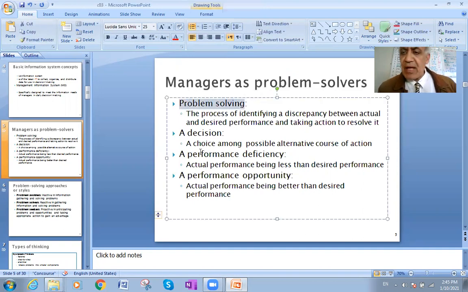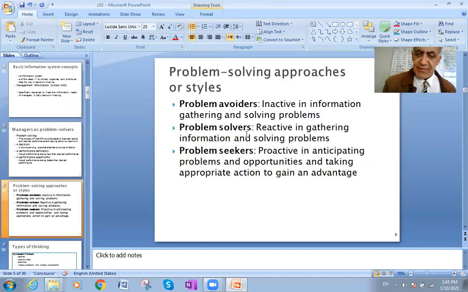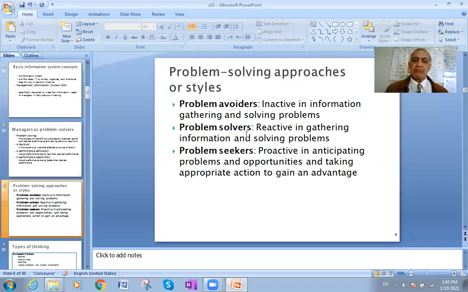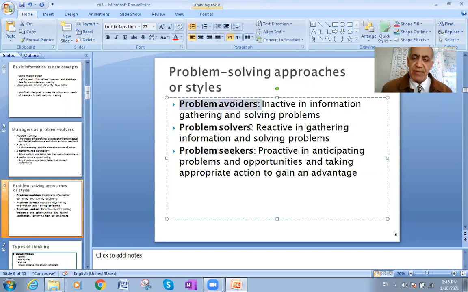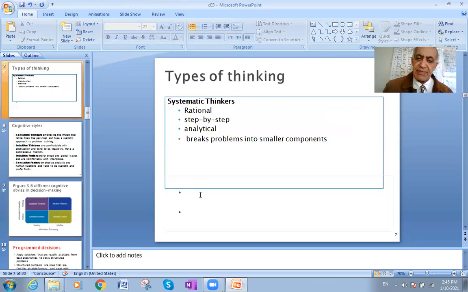We have an aspect called problem solving: the process of identifying the discrepancy between actual and desired performance and taking action to resolve a problem. Regarding problem solving approach or style, there are problem avoiders, problem solvers, and problem seekers; those are the types of people in relation to the problem.